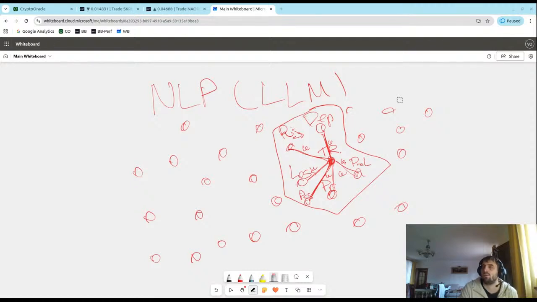I made an example with just one word cluster, but you can have several of them, and each word in your sentence or paragraph is connected to the others. This cluster has more dimensions than the one I'm showing here, and that's how LLMs basically work.